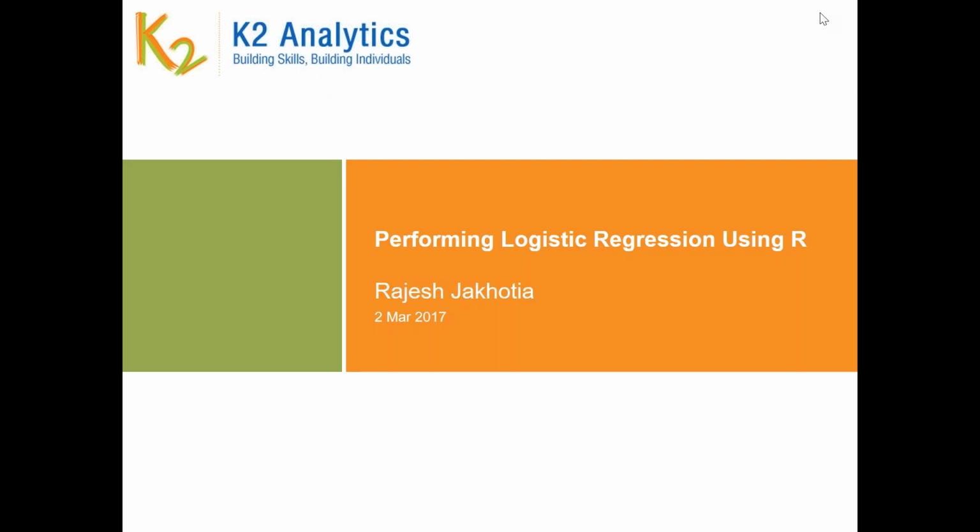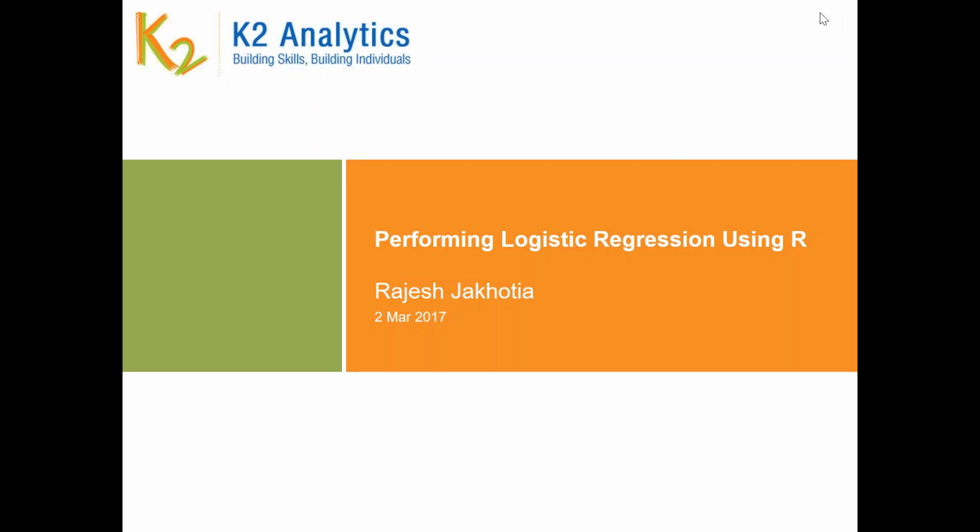In linear regression, we are trying to establish a relationship between a dependent variable y and a series of independent variables. There are scenarios where our target is either 1 or 0.